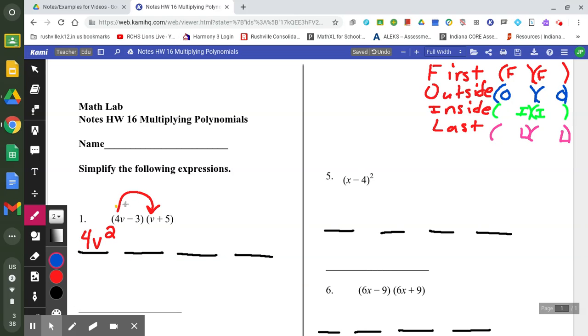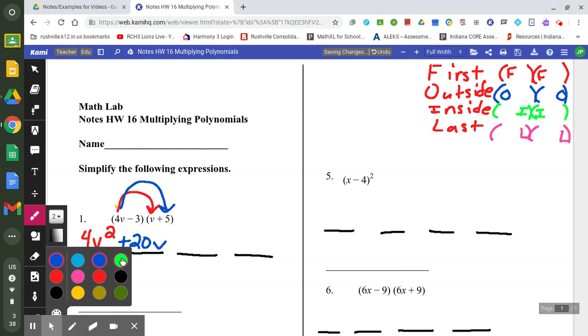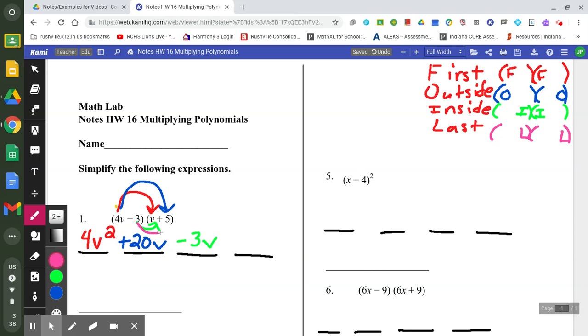And then the two outside terms, 4v times 5 is plus 20v. And then the two inside terms, negative 3 times v, negative 3v. And then the two last terms, negative 3 times 5, negative 15.